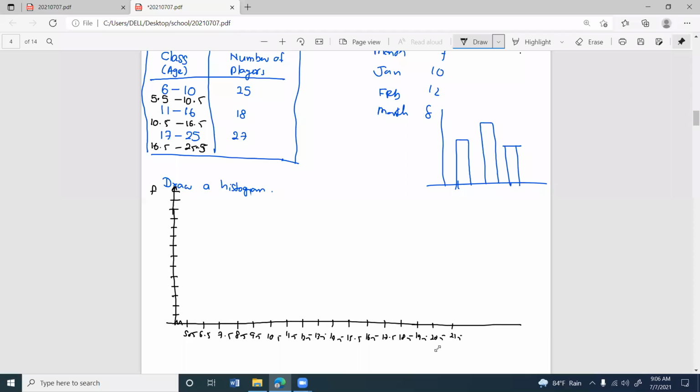We need to draw it on a proper scale, up to 25.5.